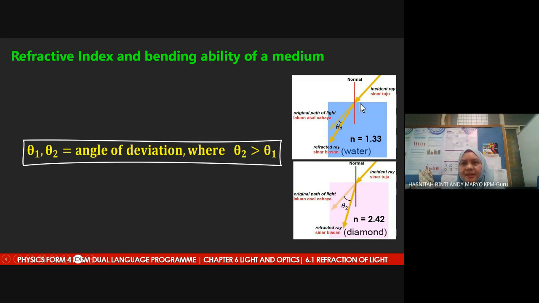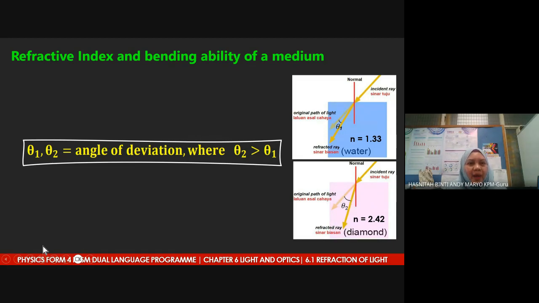This is the refracted ray in the water, and this is the refracted ray in diamond. Theta 1 is the angle of deviation in water, and theta 2 is the angle of deviation in diamond.